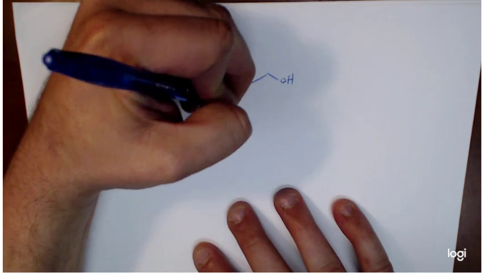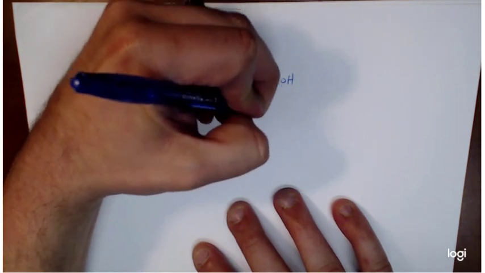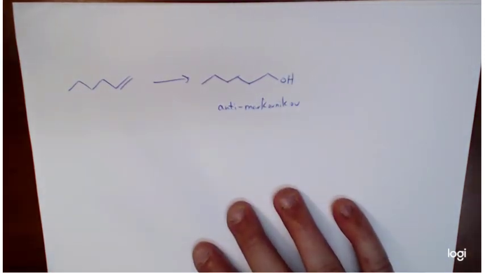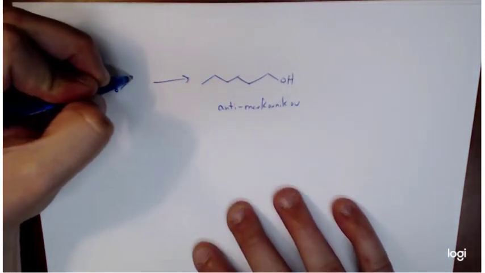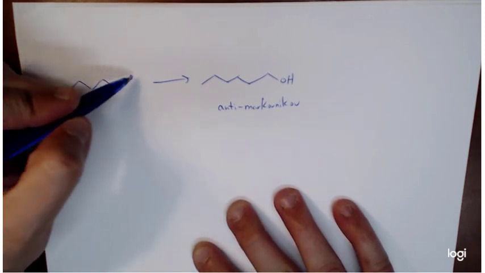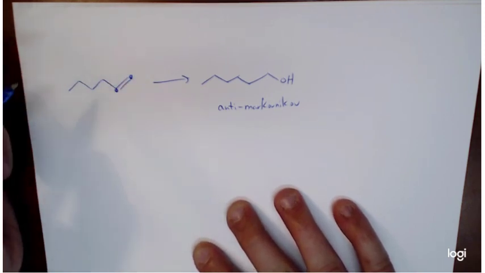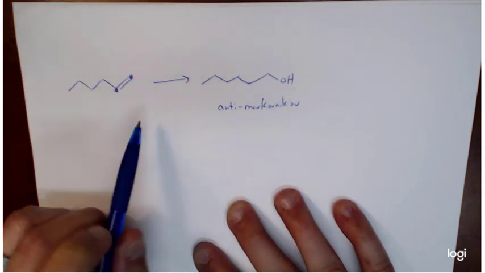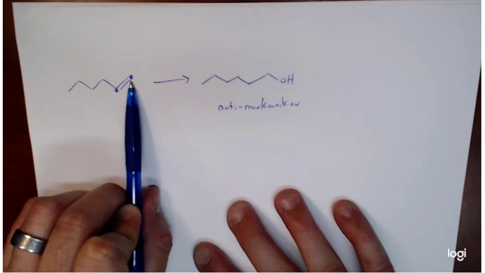This is called an anti-Markovnikov addition. When we look at both of the carbons making our double bond, or pi bond here, you see that the OH group has been added to the least substituted carbon.